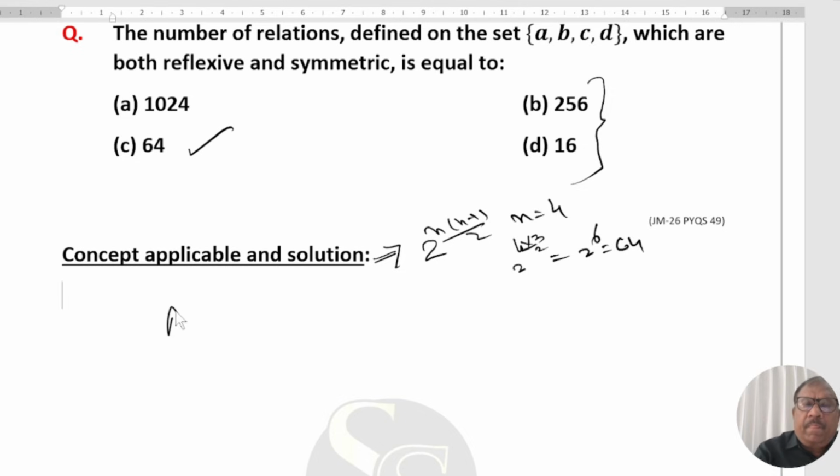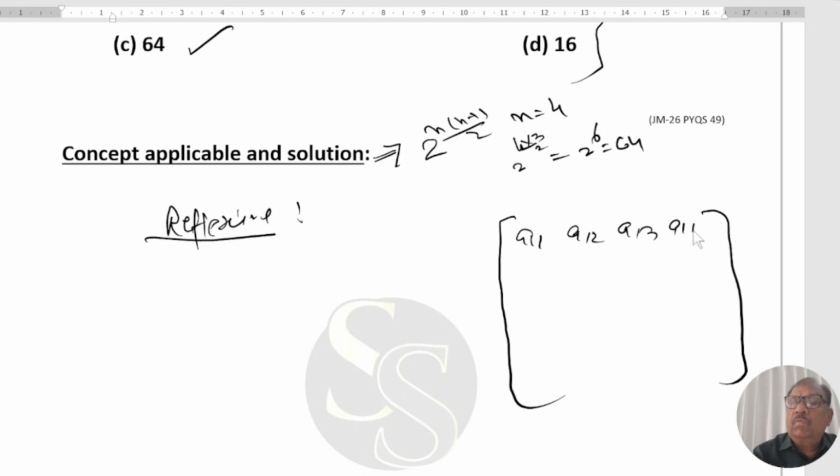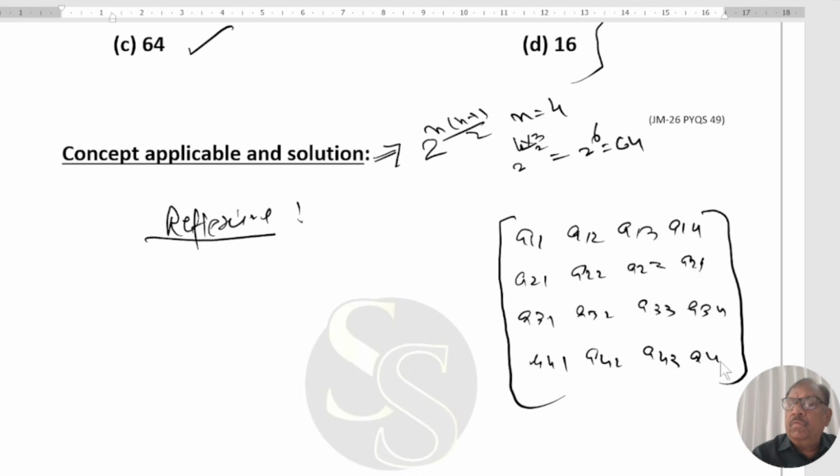Reflexive means... Just check from here. First make a 4x4 matrix. There are 2-3 methods to do this. A11, A12, A13, A14, A21, A22, A23, A24, A31, A32, A33, A34, A41, A42, A43, A44.